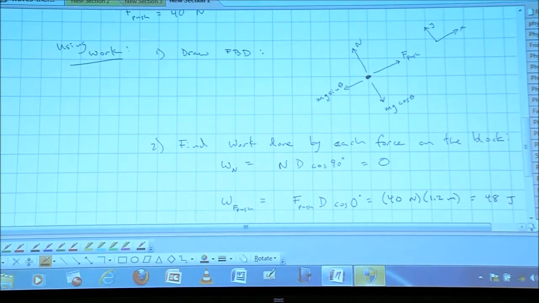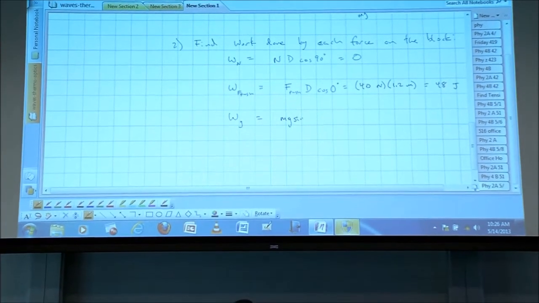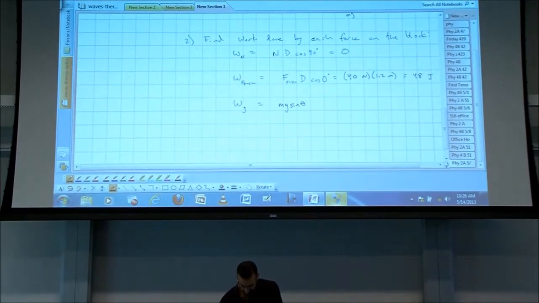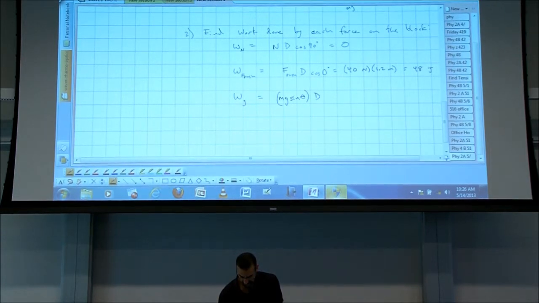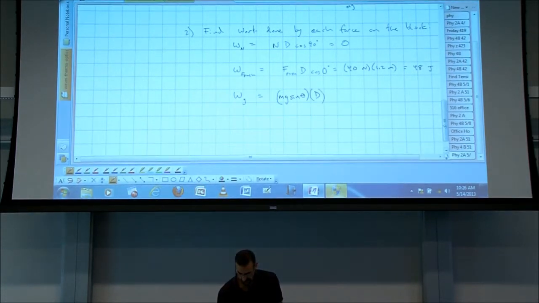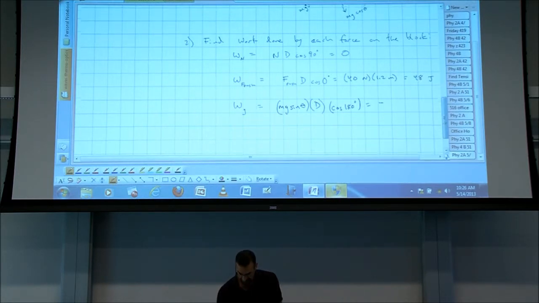So I'm going to use my component here, mg sine theta, times the distance, times what? Cosine 180. So I get a negative mg sine theta times d.